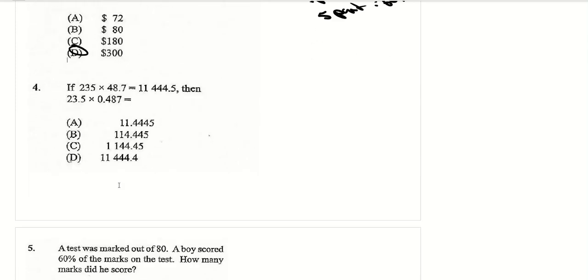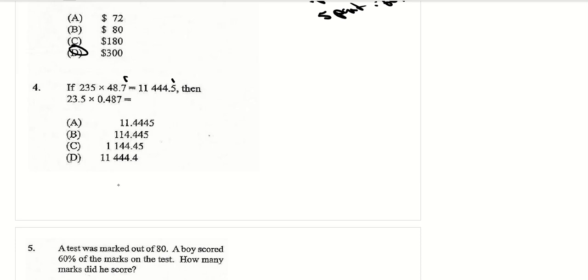Right, this question, again, when we are multiplying decimals, we remove the decimal point, multiply like normal, and then shift. The number of digits after the decimal point is the number of places we shift. There's one digit after a decimal point, so this was shifted one place.